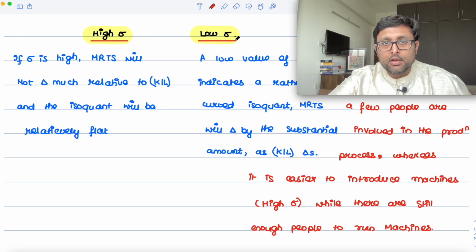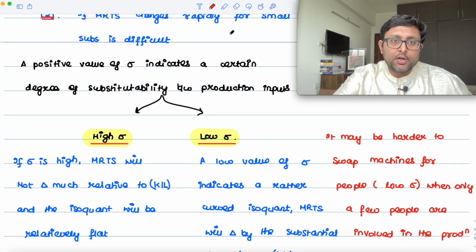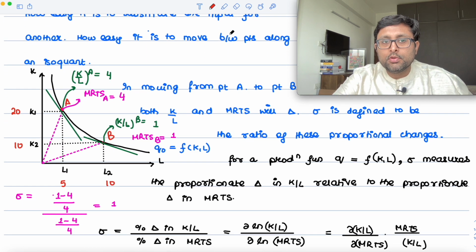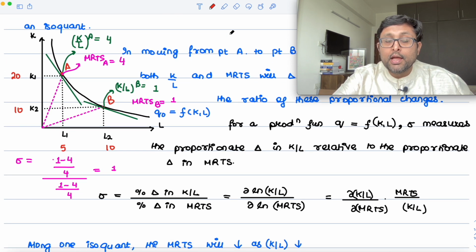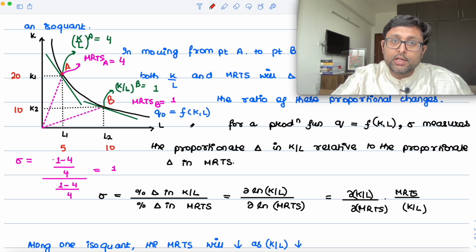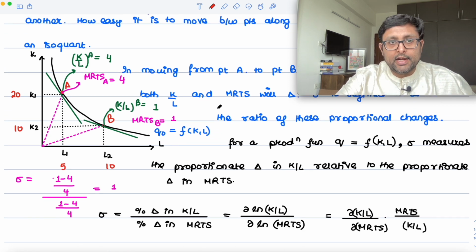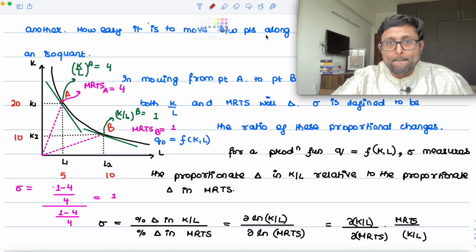You with me, beta? So in this recording, what have you learned? What do you mean by elasticity of substitution? Graphically, how do you think about it? And also, one more thing: in general, your sigma is going to change along an isoquant. Sigma is going to be different at different points along an isoquant. Let me write that point also.